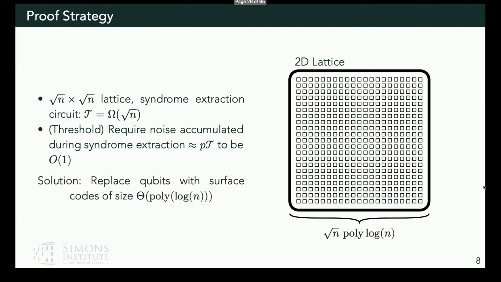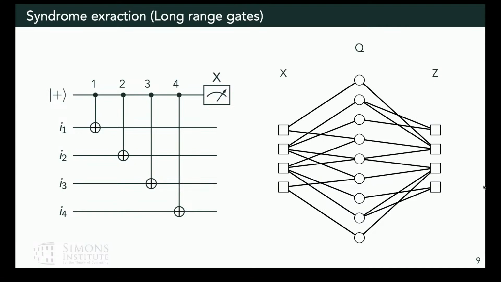So first, what I'm going to do is to tell you how to construct these syndrome extraction circuits, and then I'm very briefly going to discuss the replacement of the qubits with surface codes. So, okay, how do I construct syndrome extraction circuits?